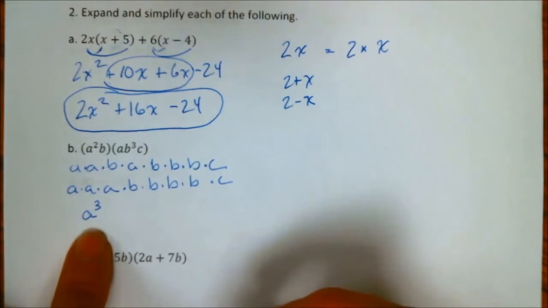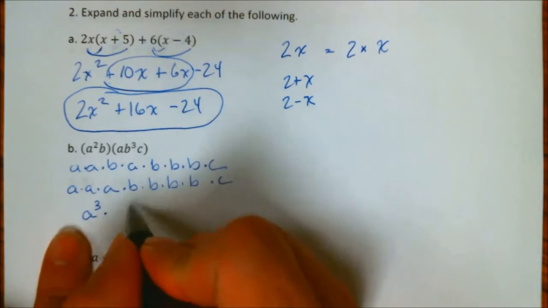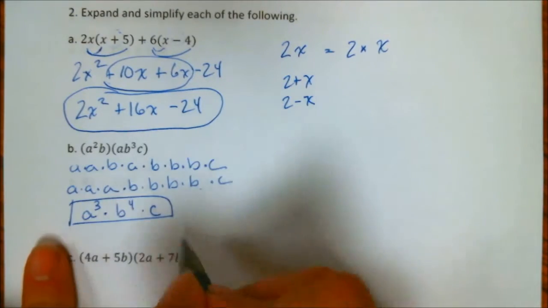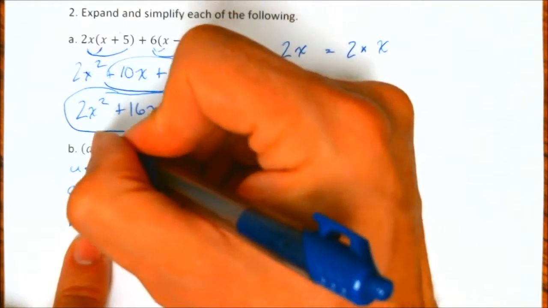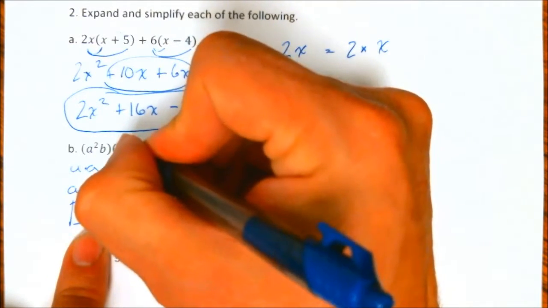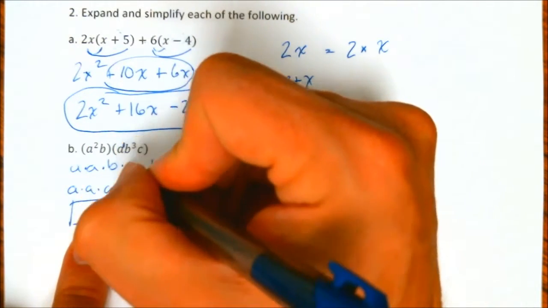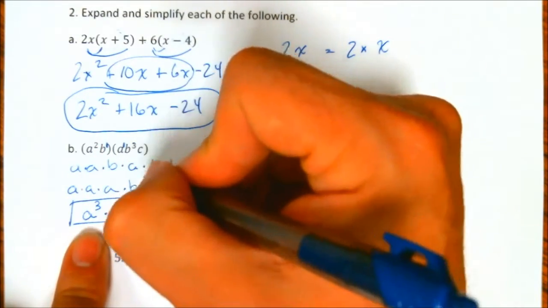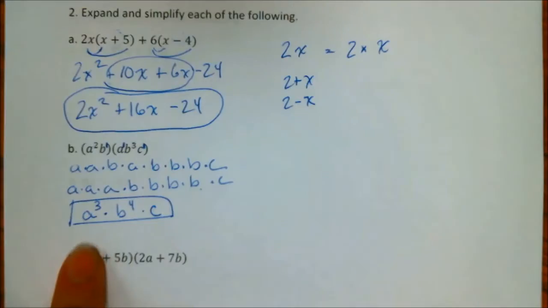When we get later in the test, I'll show you. Times B to the 4th power times C. That's it. Now you'll notice A squared times A to the 1st is just A to the 2 plus 1. And B to the 1st times B cubed is just B to the 1 plus 3. And there's just that C to the 1st right there.